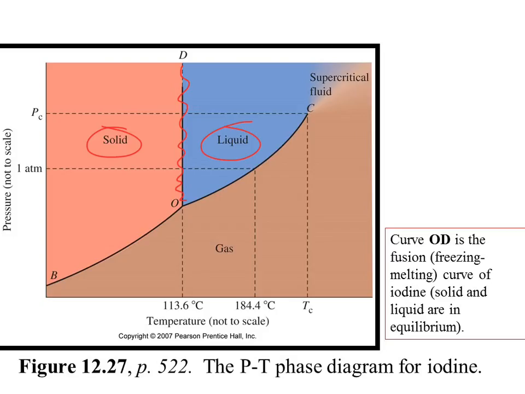Versus some cases, actually water is kind of weird. Water has a little negative slope there between the solid-liquid transition. Oh, by the way, I guess this is all for the element iodine. So iodine, remember, is usually I2, so this is all for iodine. So actually we have the correct data up there.